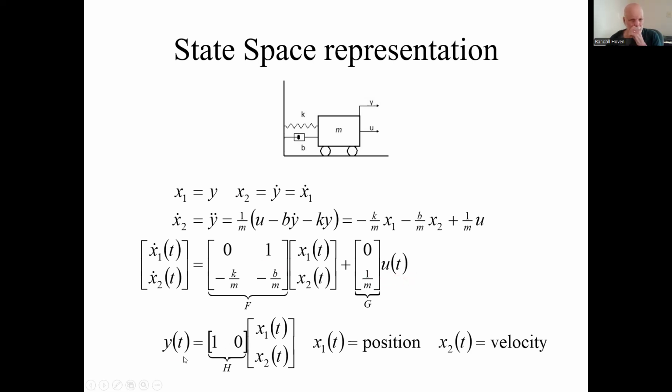And if we're interested in the output being position, we have a way to express the output in matrix terms. We call these x1 and x2, this little vector here, that is the state vector. In this case, it means position and velocity. Those are our state variables.